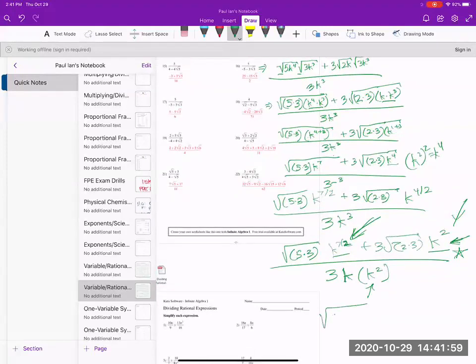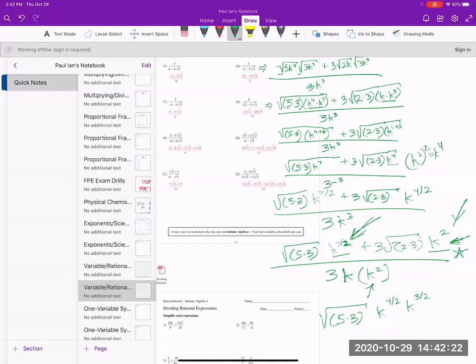Let's take a look at that. 5 times 3, and then this k. Let's see, 7 divided by 2. I can do 4 divided by 2 and times it by 3 divided by 2. Right? Yeah, I can do that.